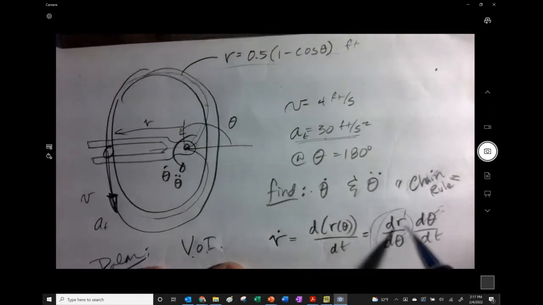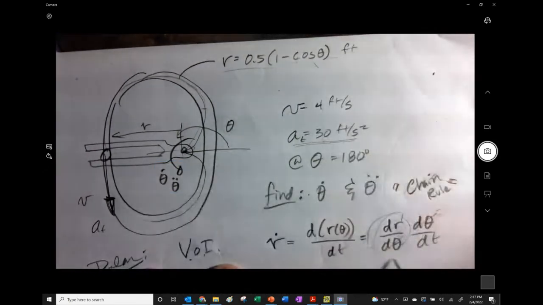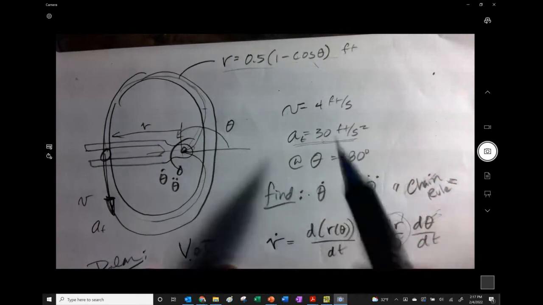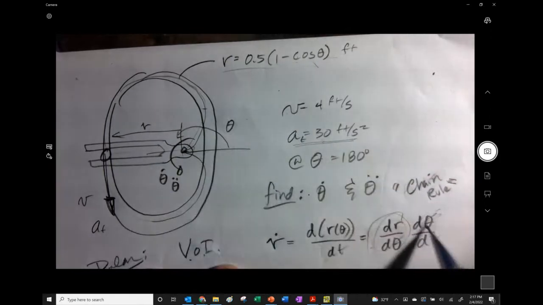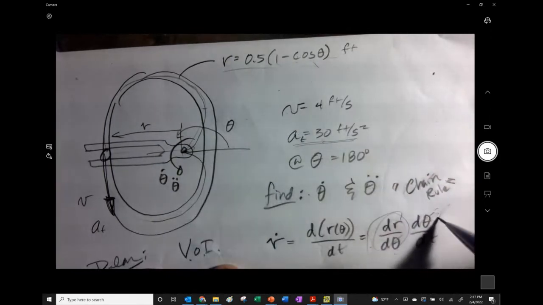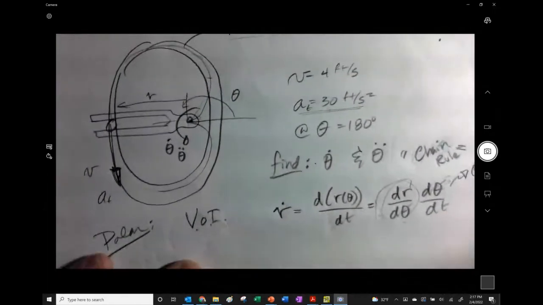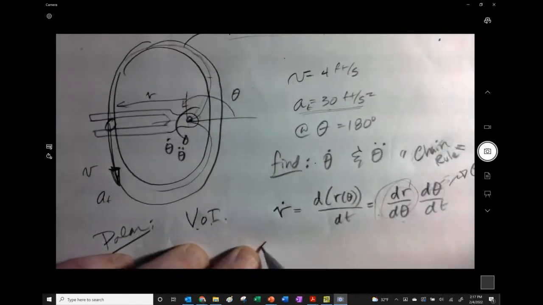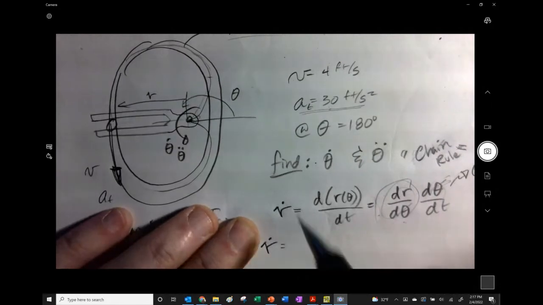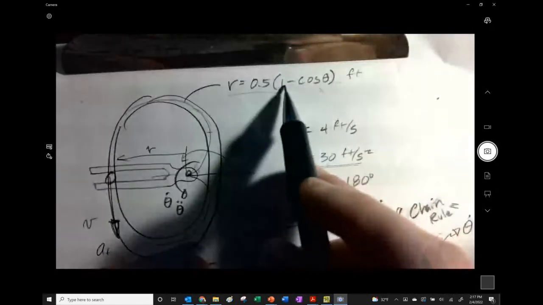So we can take the derivative of this with respect to theta. That's easy enough. But then all we need to do is multiply it by this, which we happen to know is also known as theta dot. So we take the derivative of the above, which is going to be the derivative of cosine, right?